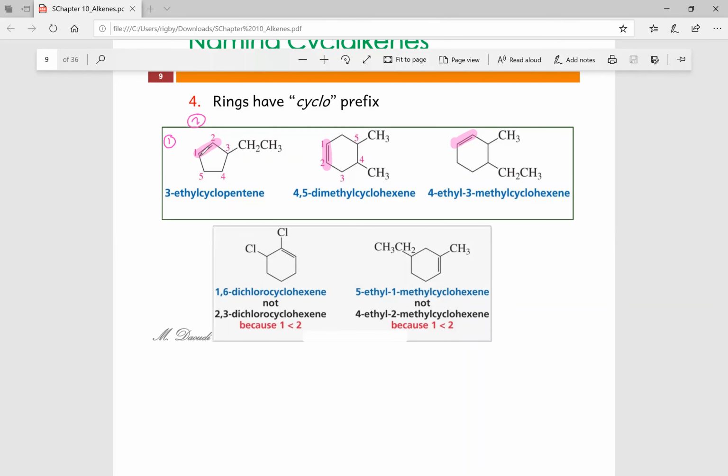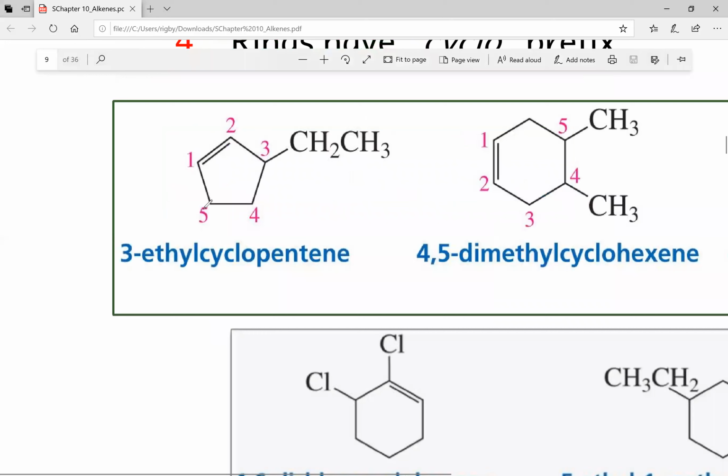Like in this example here, I'm going to clear my drawings and zoom in here. We cannot make this 5 carbon 2 and make this 3, 4, 5, because then that would be wrong. Because remember, when we note where a double bond is, we note the first carbon it's attached to. So if we say it's attached to 2, then it would be attached to 3.